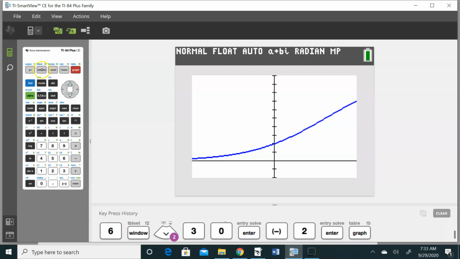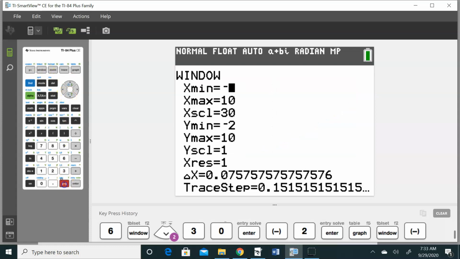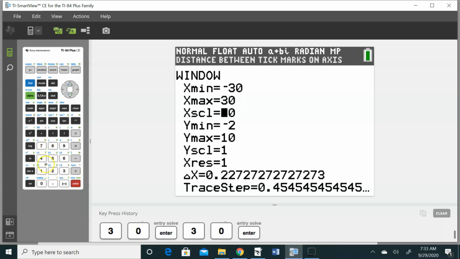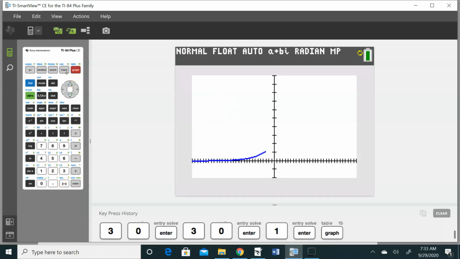And even then, it's not even a great S shape. Oh, I didn't even change it to 30. Changed the wrong thing. Okay, so I want -30 to 30 on the x-min and max, and you can see I get this S-shape look.